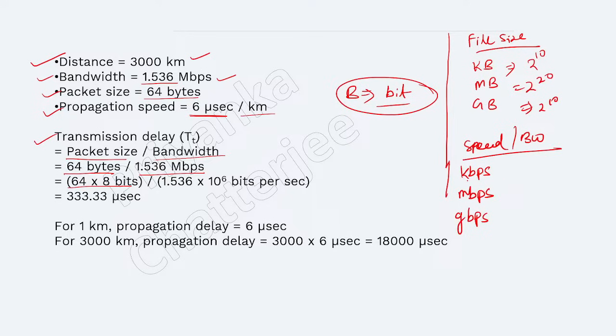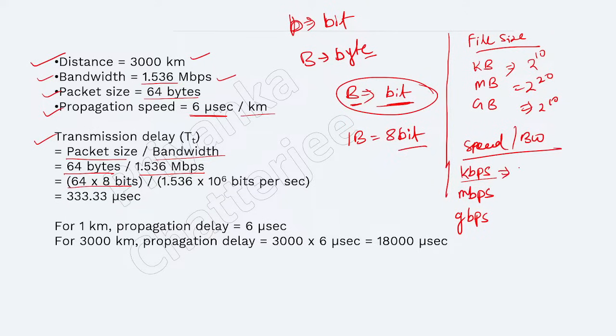This is kilobit per second. Small letter b means bit, and capital letter B means byte. Always the byte you need to convert in bit. 1 byte equals 8 bit. At the time of doing networking calculation, be very careful about that.